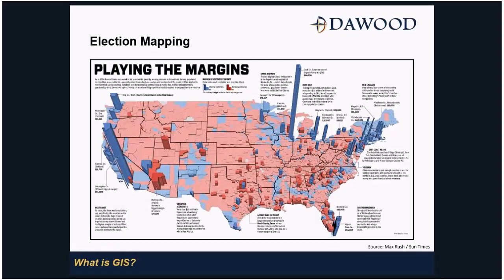Another example that's probably fresh in everyone's mind, and I don't know if you realized it, but if you watched the election last week and watched maybe CNN or other news channels, how they were interacting with the polls as the results were coming in, that was a GIS system. And that's really the power of it, all the numbers and the tabular data coming in behind the scenes, allowing them to color code their maps and zoom in on a county level to see where the votes were.